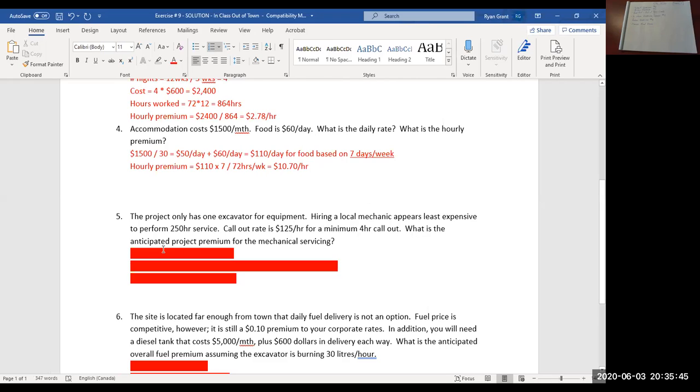So what is the anticipated project premium for the mechanical servicing? So again, from previous calculation, 72 hours per week times 12 weeks, so a total of 864 hours worked. So that excavator will be operating for 864 hours for the project.